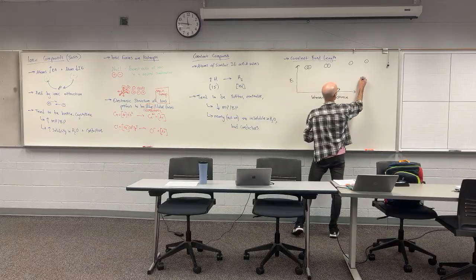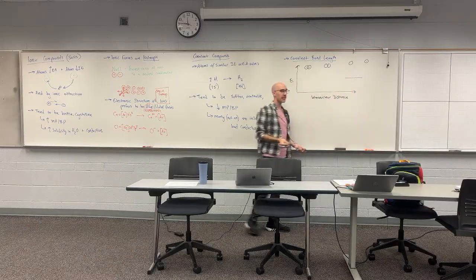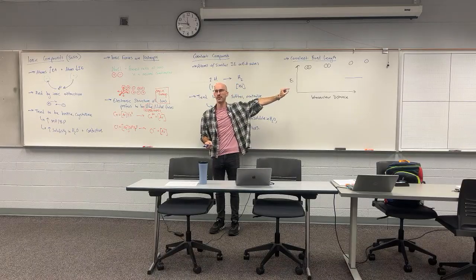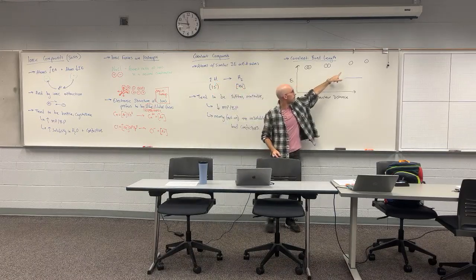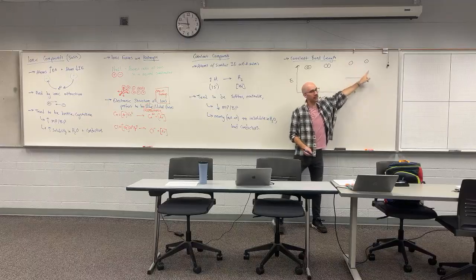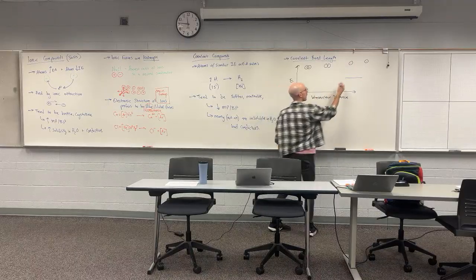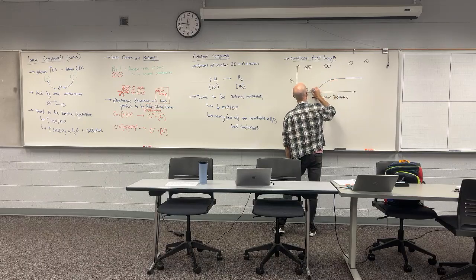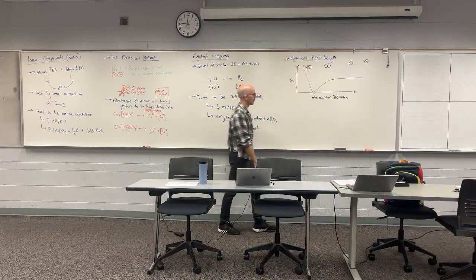Here's where their energy will start. Just like our electron. Some distance away from the atom, our electron has some value. Some distance away from each other, these atoms have some value of energy. As they get closer, that energy decreases until it skyrockets again.